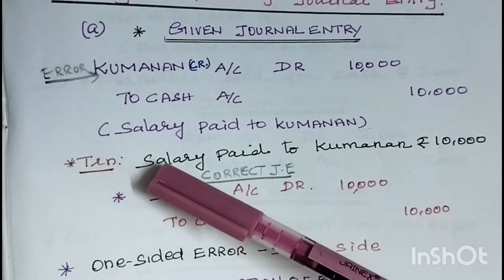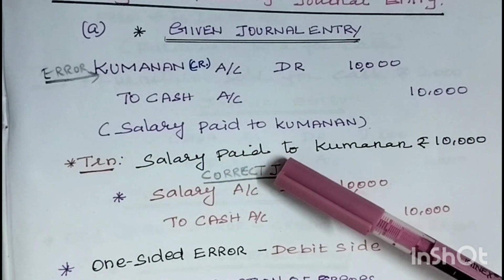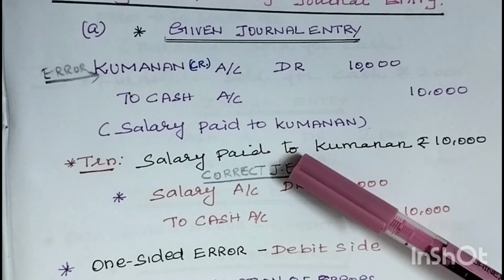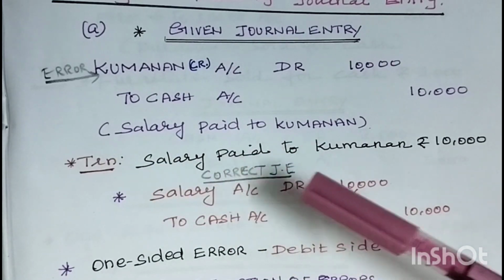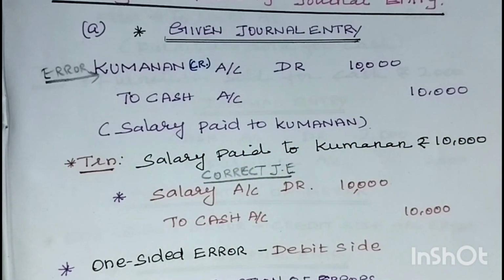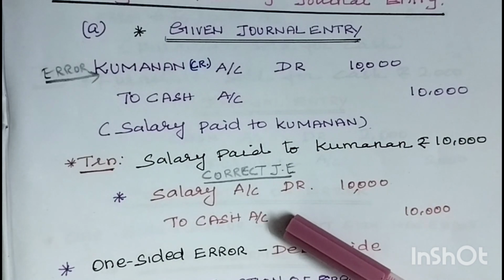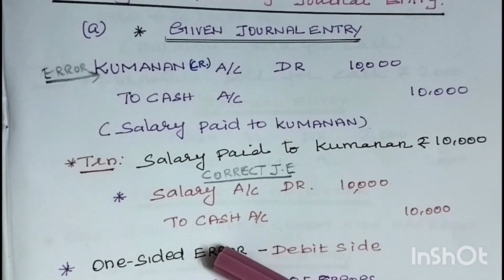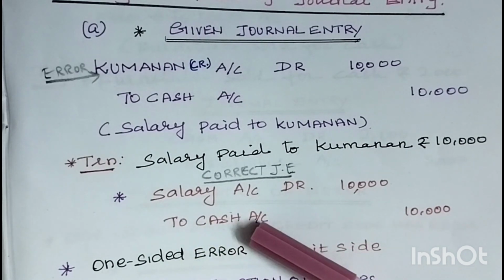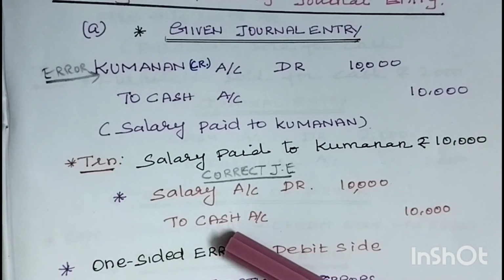What journal entry do we give for this transaction? Salary paid to Kumaran. That means salary is paid through cash. So cash account decreases, and we credit the cash account. Whenever cash account decreases, we credit the cash account.